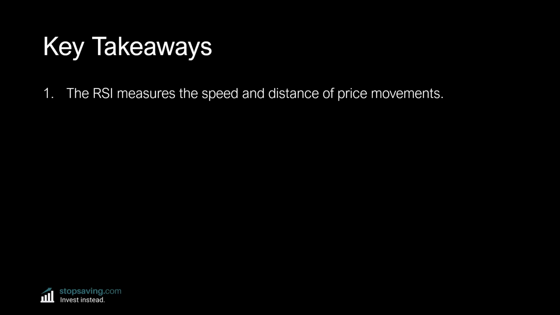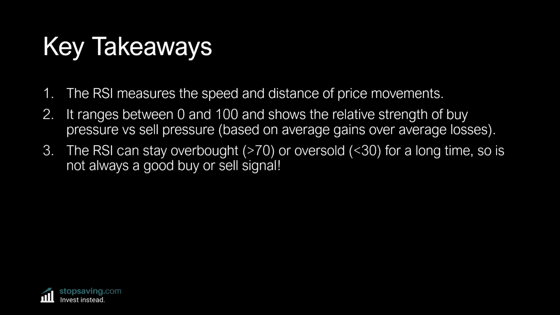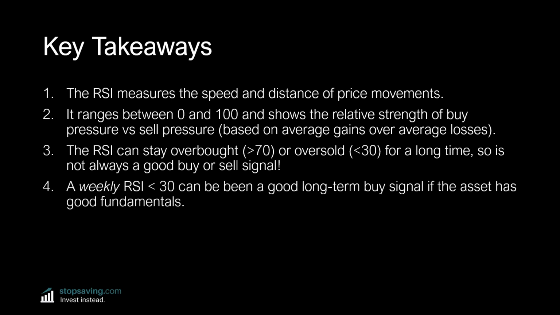That's the end of this video, and here are the key takeaways. Number 1, the RSI measures the speed and distance of price movements. 2, the RSI ranges between 0 and 100 and shows the relative strength of buy pressure versus the relative strength of sell pressure based on average gains over average losses. 3, the RSI can stay overbought, which is above 70, or oversold, which is below 30, for a long time, so it's not always a good buy or sell signal. 4, a weekly RSI below 30 can in some cases be a good long-term buy signal if the asset has good fundamentals.